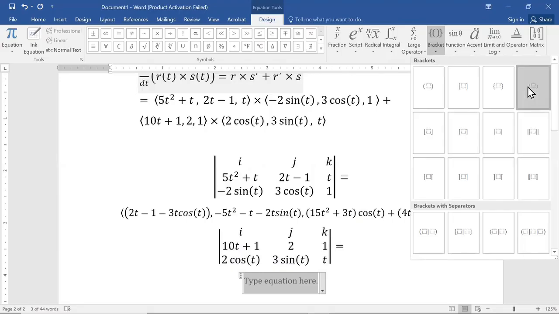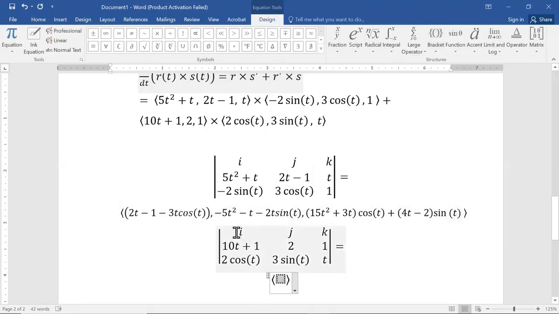All right. So again, coefficient of the i, which is going to be our x component, we're going to do 2t minus 3 sine times 1. So 2t minus 3 sine of t. My y component, I cancel out the column and row j is in. So I'm going to get, don't forget to do the negative of this whole thing, 10t plus 1 times t.